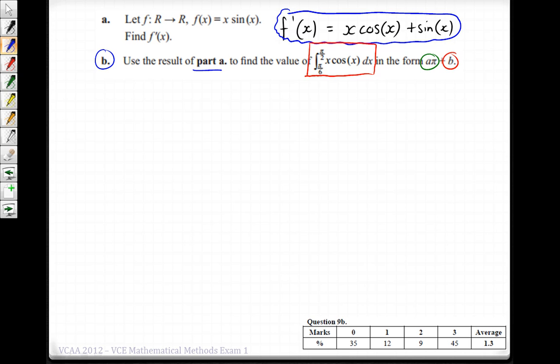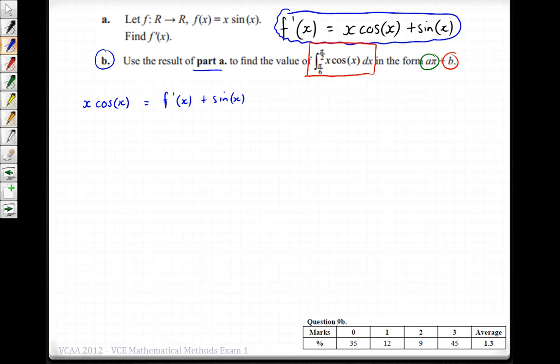So we're going to start off with just rearranging this result from part A. So if f dashed x equals x cos x plus sine x, like we found before, we can rearrange this to say that x cos x equals f dashed x minus sine x.